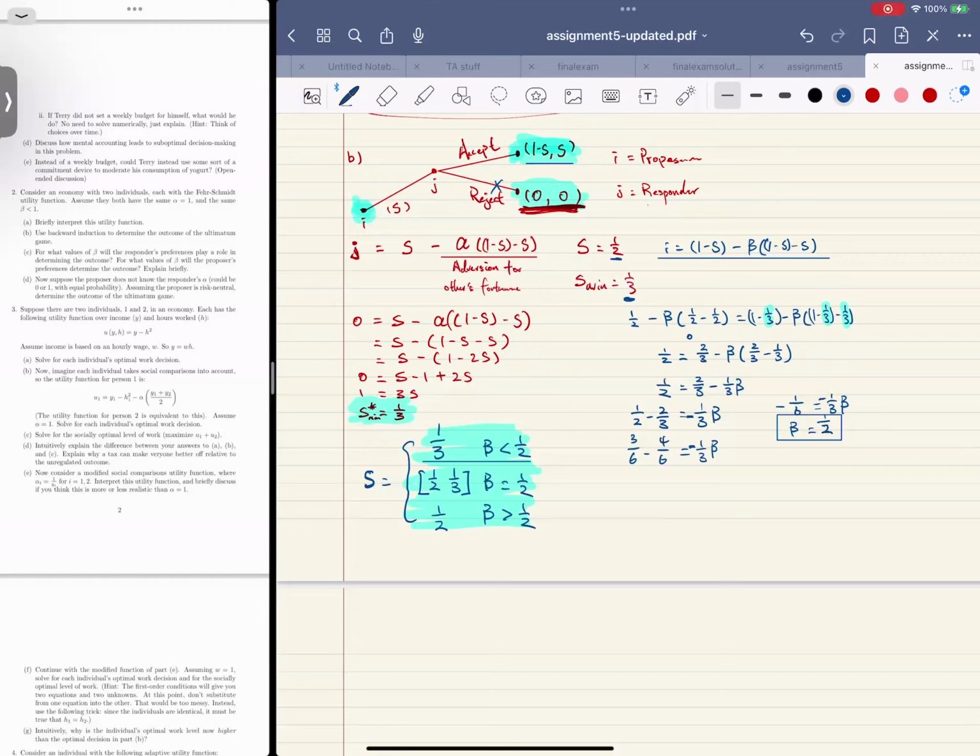Oh, wait, is that true? No, it's not true. Even if your alpha equals 100, if I give you more than half, you wouldn't reject.